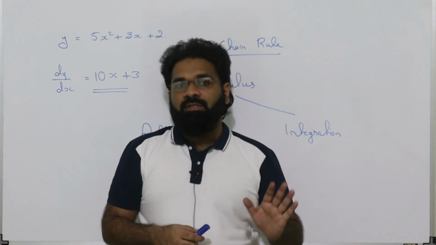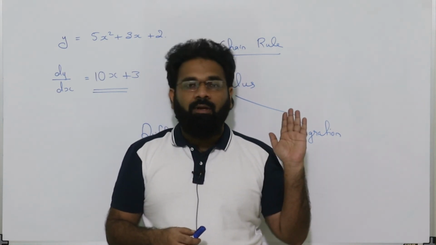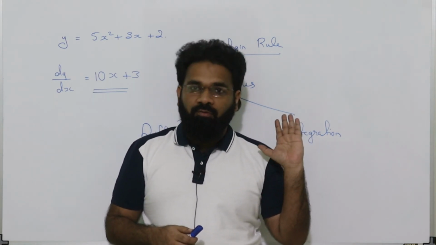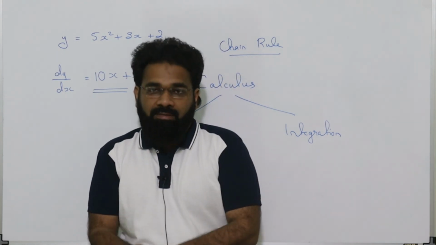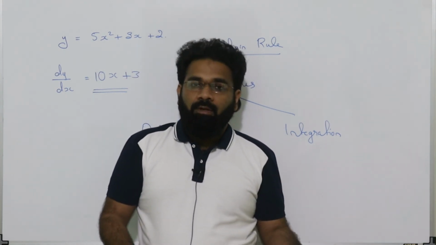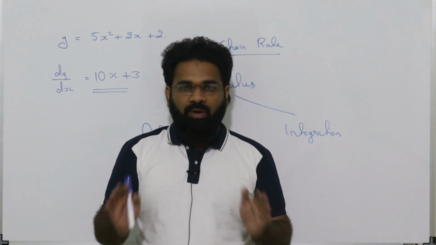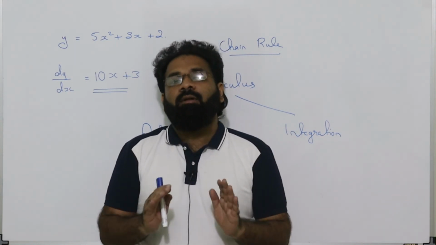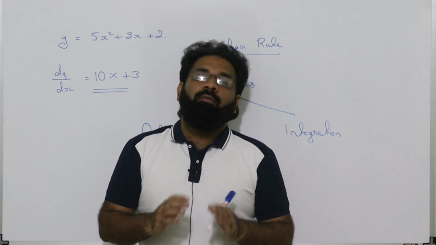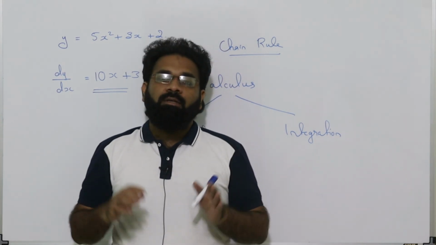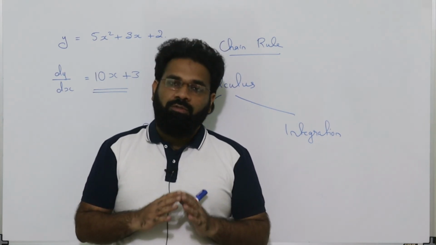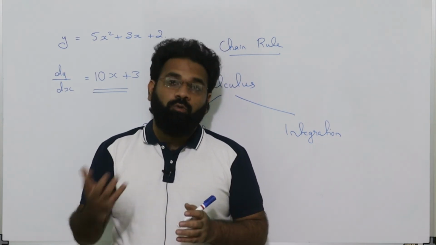We just saw the polynomial functions today, how to differentiate them. Differentiation can be done with respect to x or time or anything, but in most cases our differentiation will be with respect to x or time t.